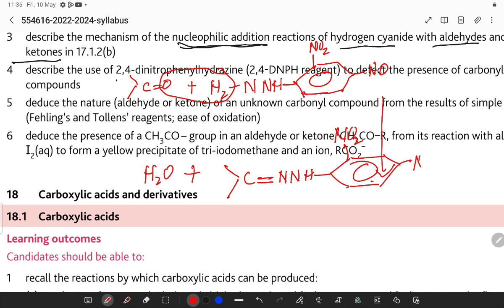If not, a carbonyl compound is absent in the given sample. This is known as 2,4-dinitrophenylhydrazone, a hydrazone.